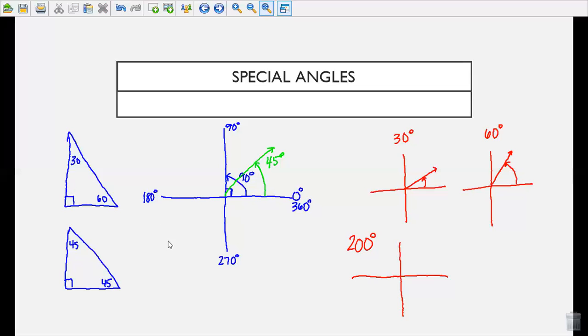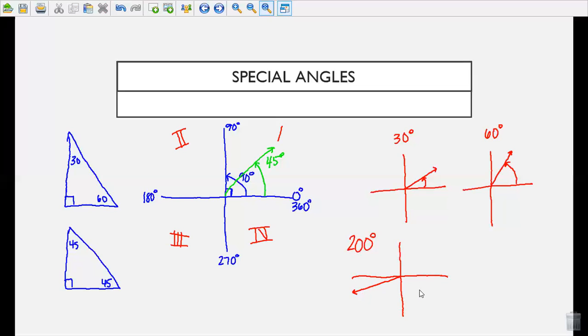That means it's down here in quadrant 3. Just to review, we have quadrant 1, quadrant 2, 3, and 4, in a C shape. 200 is 20 degrees more than 180, so if I rotate around, I get to 180 and go 20 degrees more. To estimate where that is, I could draw it maybe there.